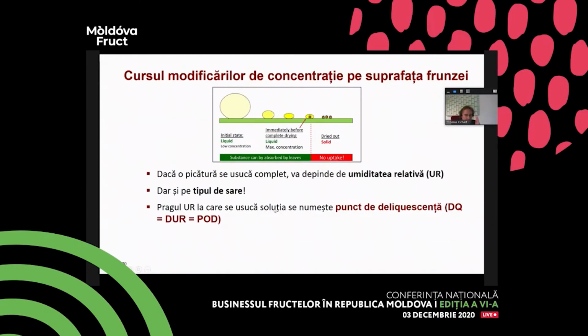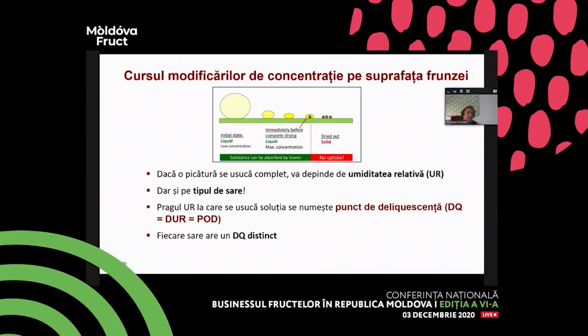So this is the humidity where the salt dries out completely, and every salt has its own distinct deliquescence point. It depends a little bit on temperature, sometimes more, sometimes less.